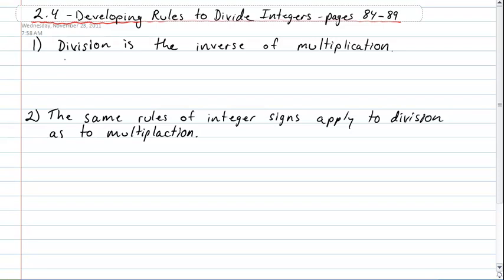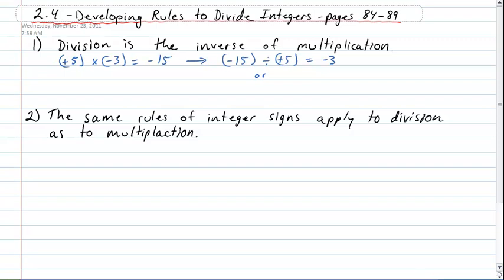If we have a question, say positive 5 times negative 3 equals negative 15, well, the inverse is going to be this. We go negative 15 divided by positive 5 equals negative 3.